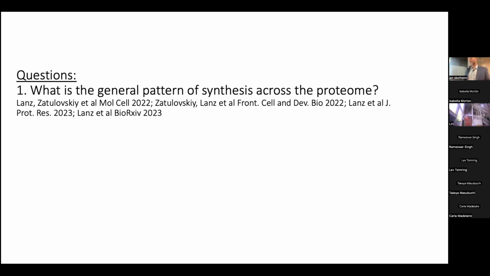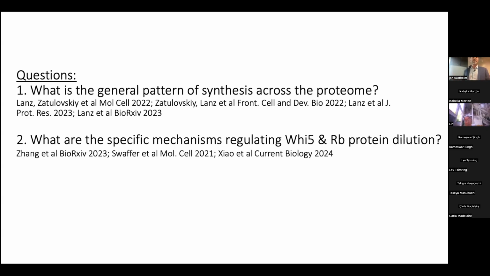We now have published quite a few papers on this. Secondly, WE5 and RB have these really interesting and specific dynamics that are important for a cell division cycle, so we want to understand, molecularly, where does that come from?